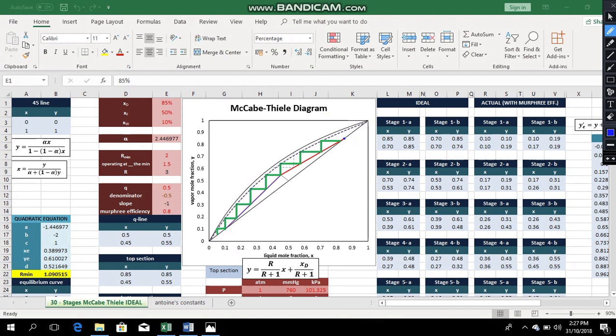And our y-intercept is 0.2125. So this is here. And we'll connect these two points. So that's our operating line for our rectifying section. This red line is the operating line of the rectifying section.